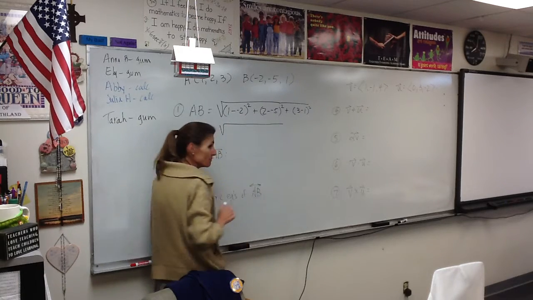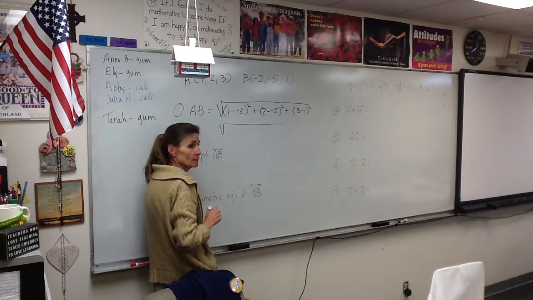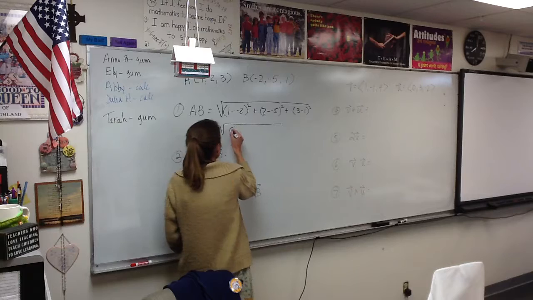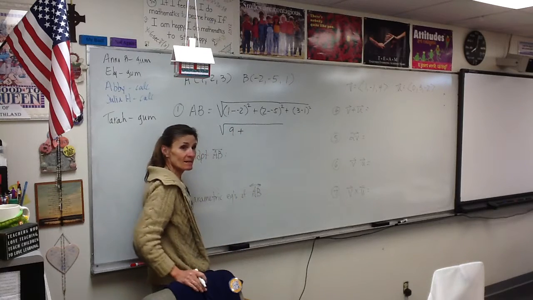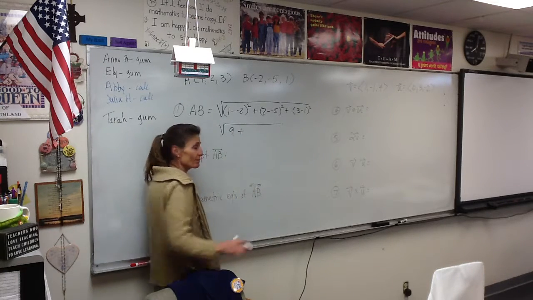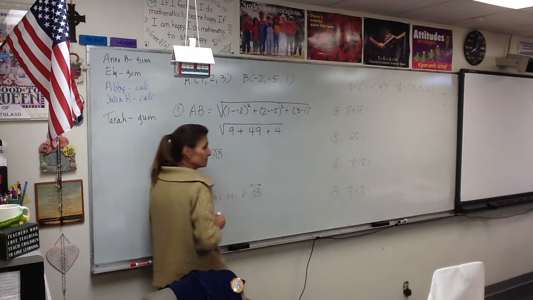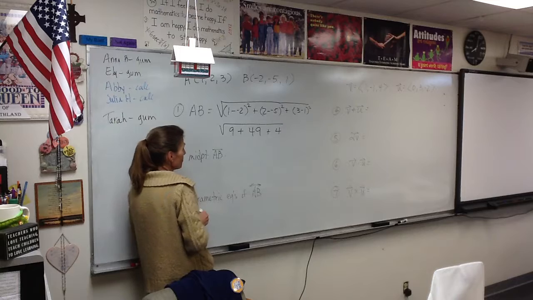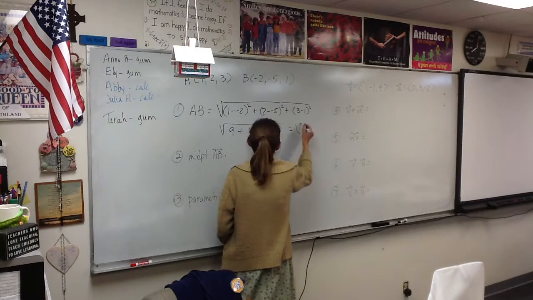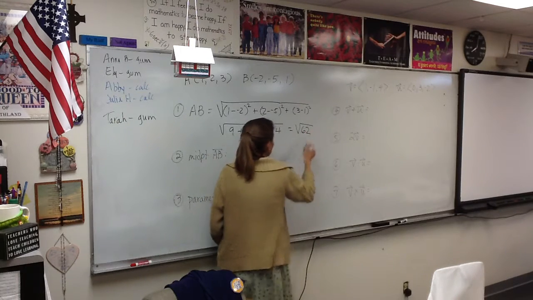So 1 minus negative 2 would be 3 squared, 9. 2 minus negative 5 is 7 squared, 49, and that would be 4. So we end up with what? The square root of 62. There's your answer.